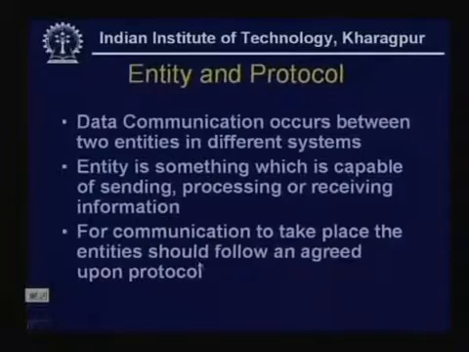For example, if two persons want to communicate, they should use the same language. If one person is speaking in Bengali and another person is speaking in English, they cannot communicate with each other. They should follow some agreed upon rules which are known as protocol.